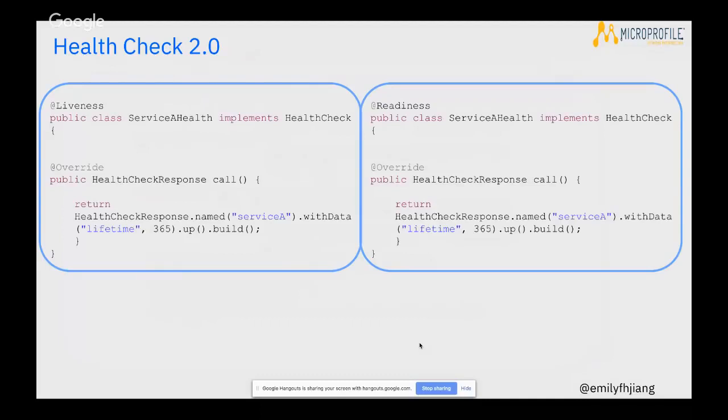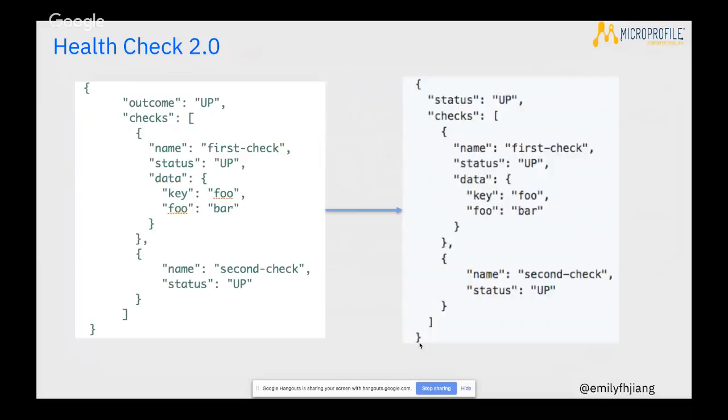So this is why we want to split the health check into two endpoints. One is liveness, to use with the Kubernetes liveness check. The other is readiness, to use with the Kubernetes readiness probe. The other change in the health check is to the payload.